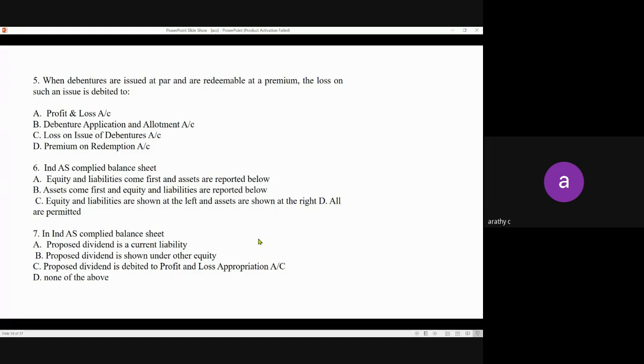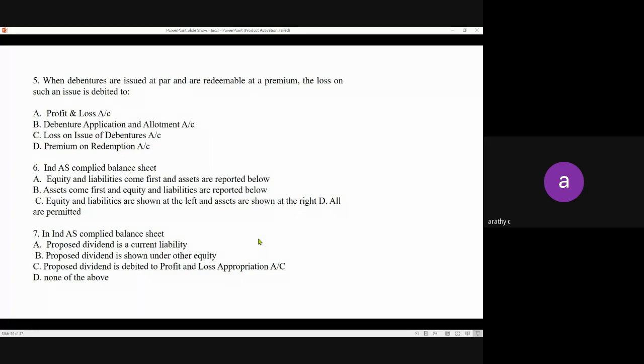And D is all are permitted. B ആണ്. Assets come first and equities and liabilities are reported below.